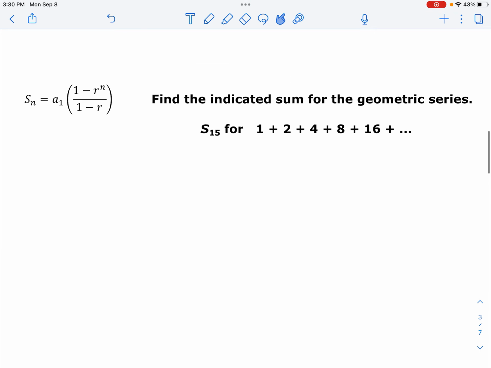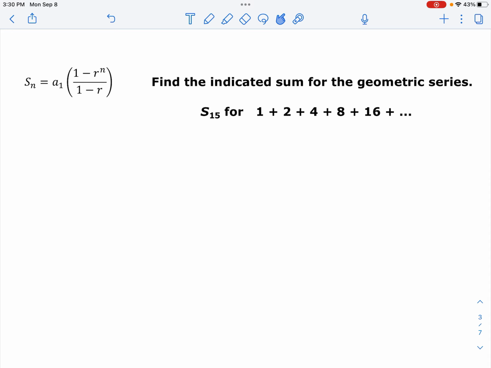All right, so just like we did with arithmetic series, they're going to ask us to find the indicated sum for the geometric series. Now, S sub 15 means the sum of the first 15 terms. So we are going to use this formula again, but we're going to need a few things first. We know n is 15.